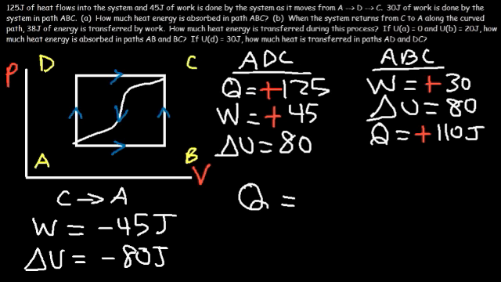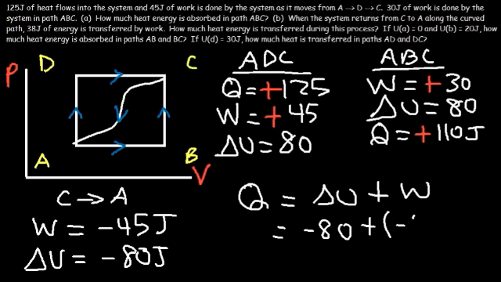So now we can find Q, which is delta U plus W. So that's negative 80 plus... actually, that's not supposed to be negative 45. It's supposed to be 38. I guess I was looking at this number. Going from C to A, 38 joules of energy is transferred by work.